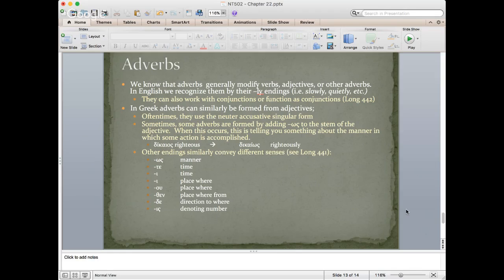So it's going to take an adjective like dikaios, for example, which is righteous. It's going to take the stem, which is dikai. It's going to drop the omicron sigma ending, and it's going to gain the omega sigma ending. You see that? And when that occurs, it's turning that righteous into an adverb, righteously.